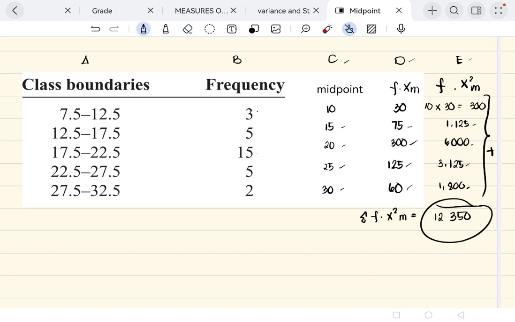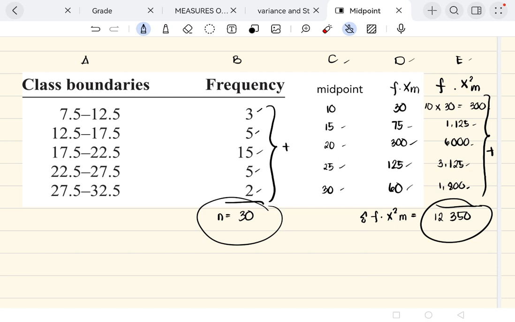And also, we will find the total frequency. So 3 plus 5, that is 8. Plus 15, 23. Plus 5, 28. Plus 2, that is 30. So that is our n.